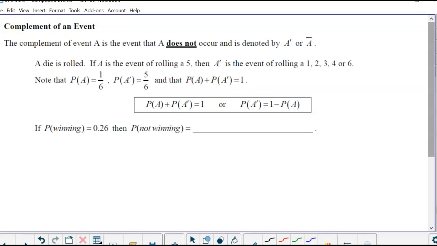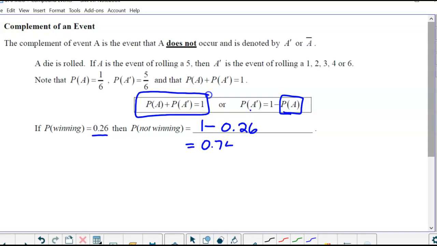All right, so the probability of A and the complement have to add to 1. So if you want to find the complement of an event, you could go 1 minus the probability that it will occur. So if you know in a game, the probability of winning is 0.26, then the probability of not winning is 1 minus 0.26, which is 0.74.